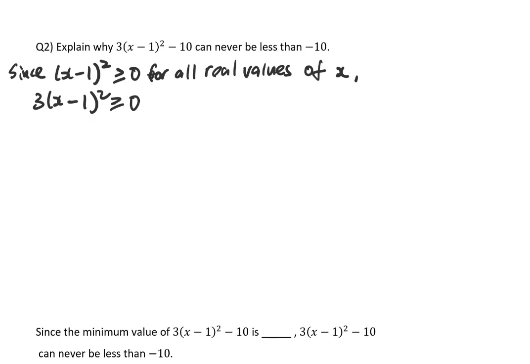Then I have to minus 10. I have to make my left hand side look like the expression from the question. I minus 10 on both sides, which will give me this.